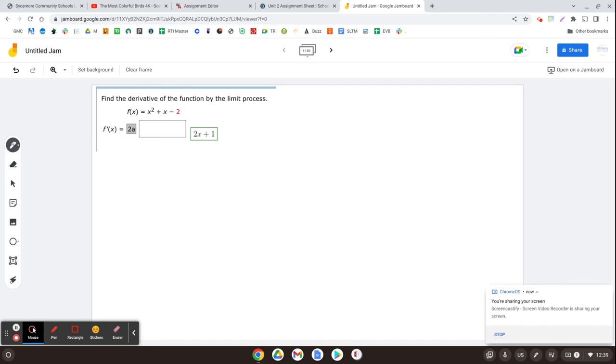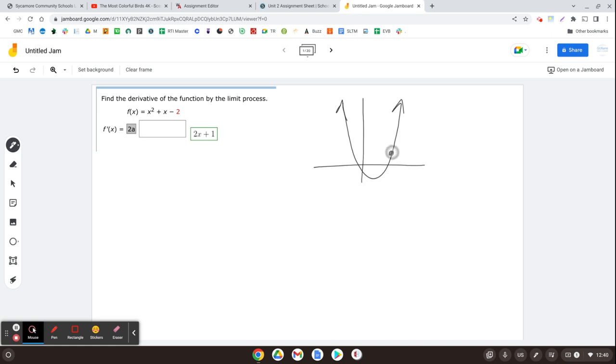Okay. Hey, real quick, before I clear this, what's going on here is we're using the limit process, and I'm trying to graphically explain to you what the limit process is doing. Just take any point x.